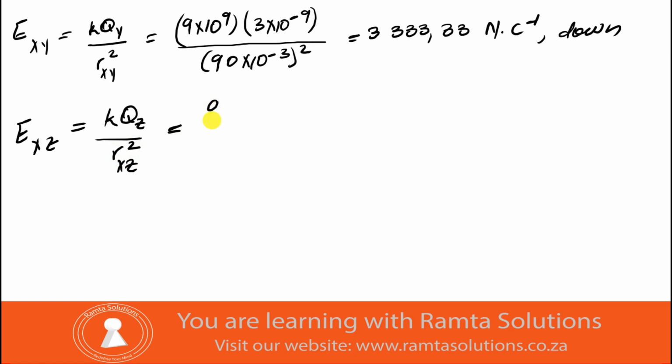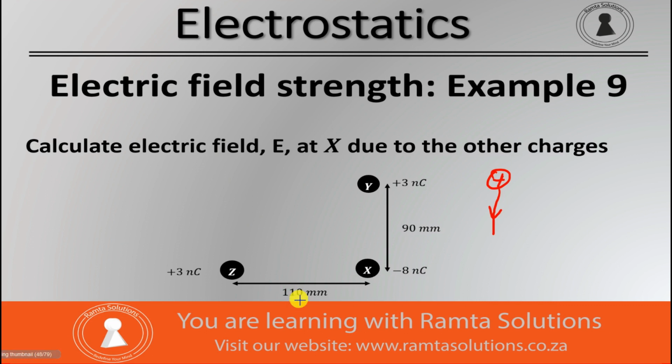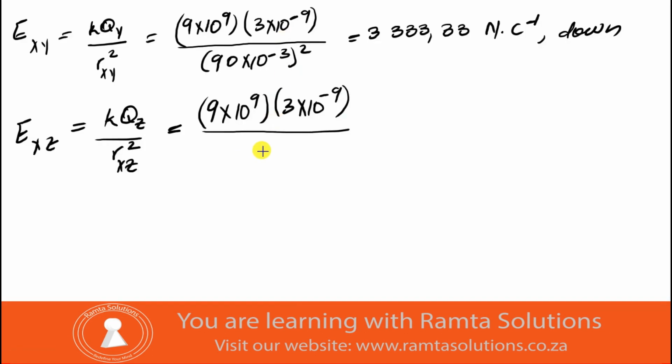Again, k is 9 times 10 to the 9, and our charge is still 3 nanocoulombs, so it's still the same. However, the distance changed here. The distance is 110 millimeters, so 110 times 10 to the minus 3, squared.